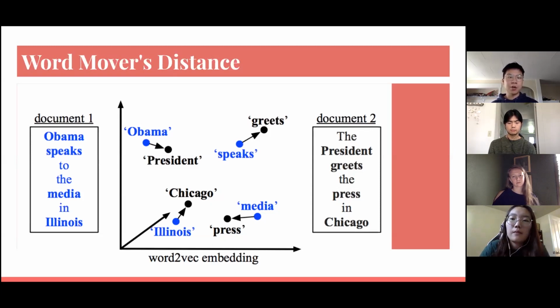For example, Obama is closer to president compared to other words such as speaks and greets, and speaks is also close to greets relative to the rest of the words. By having such things, we can add another layer on our cosine similarity to better represent the similarities of the meanings of the sentences in our programs.